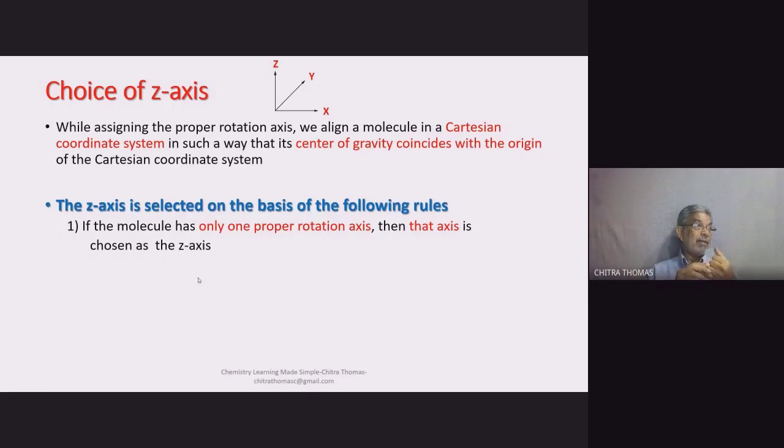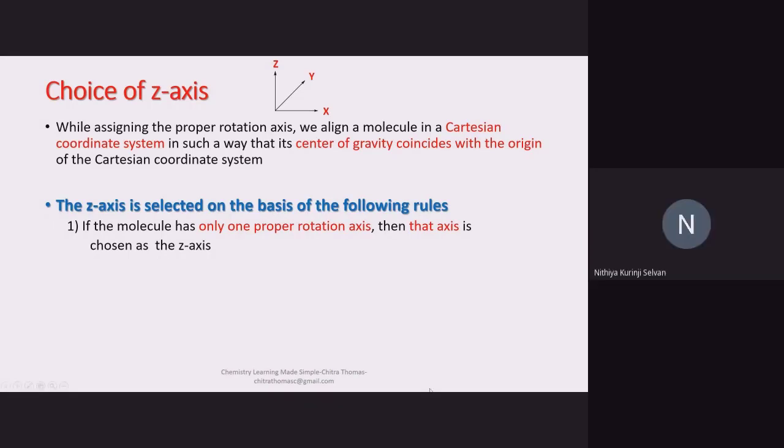We discussed several molecules with a proper rotation axis: C2, C3, C4, C5, C6. And there was one molecule which has only one proper rotation axis. What is that? Water.